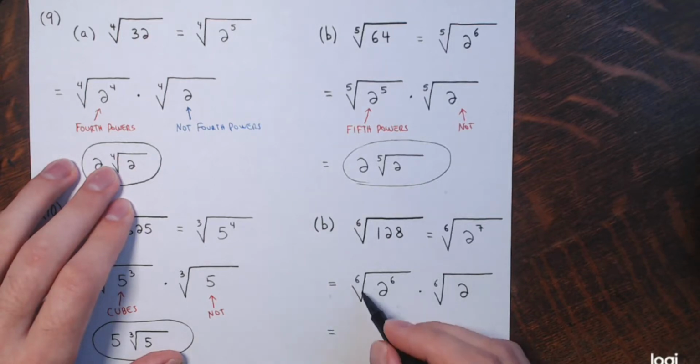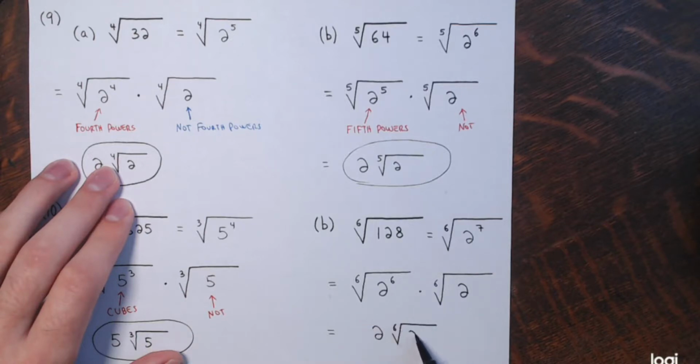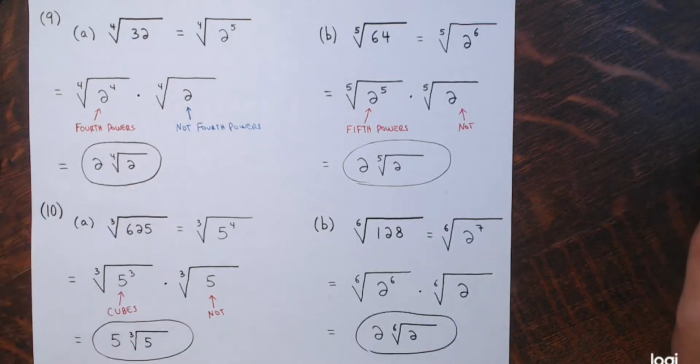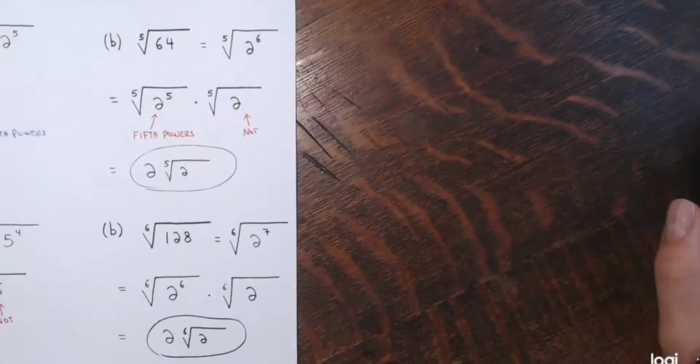And the sixth root of 2 to the 6th would be the absolute value of 2, right? Even root, but you don't need the absolute value here because 2 is already positive, so it's just 2 times the sixth root of 2. All right, and then one more time here, for a little while anyway, I might do it later when we're checking other values, we'll bring the calculator back.